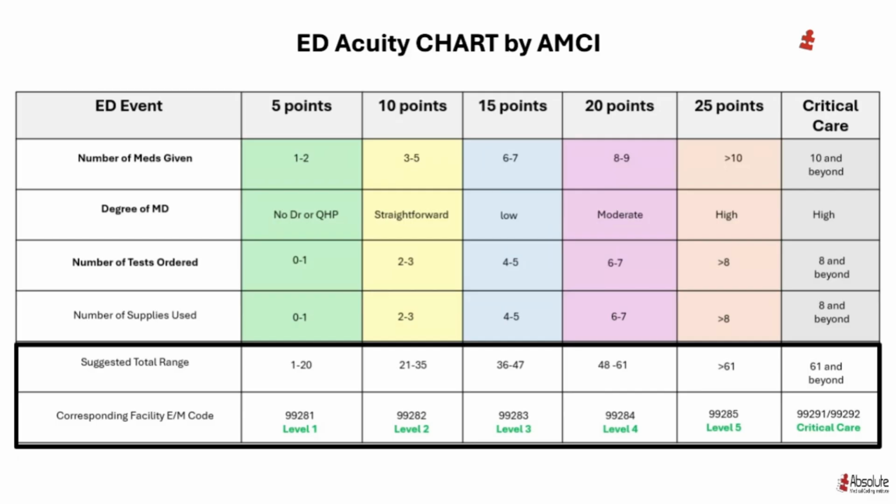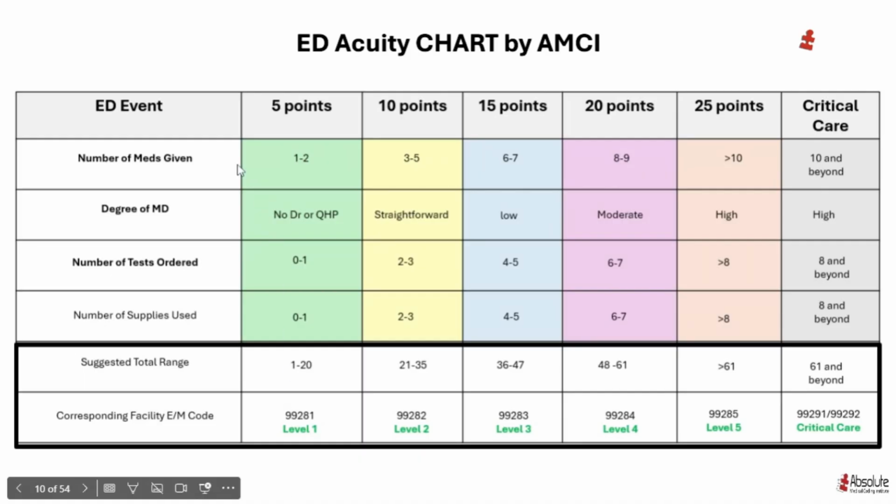Now, this is how we assign the facility code. We use this ED acuity chart. This chart was created by AMCI. However, CMS provides the instructions, and AHIMA also has a very similar chart. We created this chart modeled after the AHIMA chart, but we used the current guidelines.